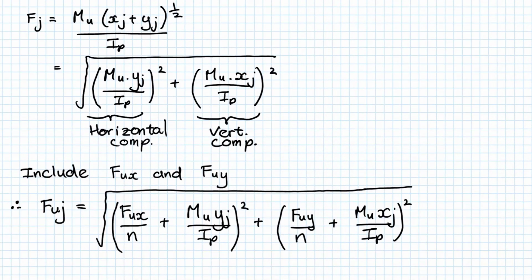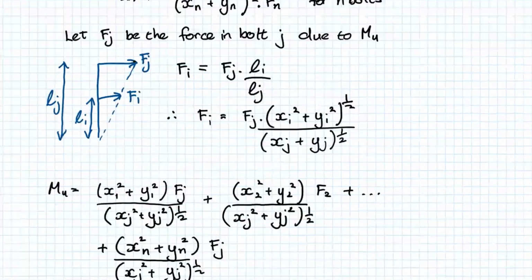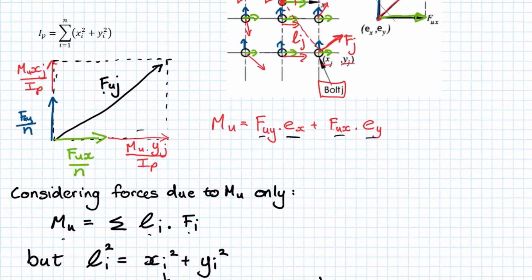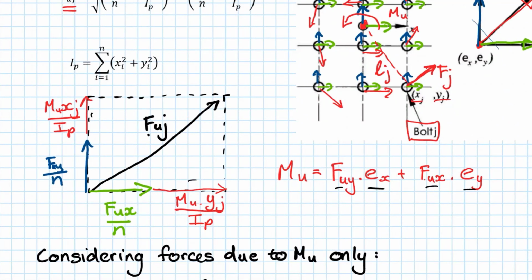Here you'll see with a bit more manipulation I've converted Fj, the force due to the moment only, into that form as shown, and that has a horizontal and a vertical component to it. If we now add the horizontal and vertical components due to the forces from the diagram above, then we end up with our total force FUJ.